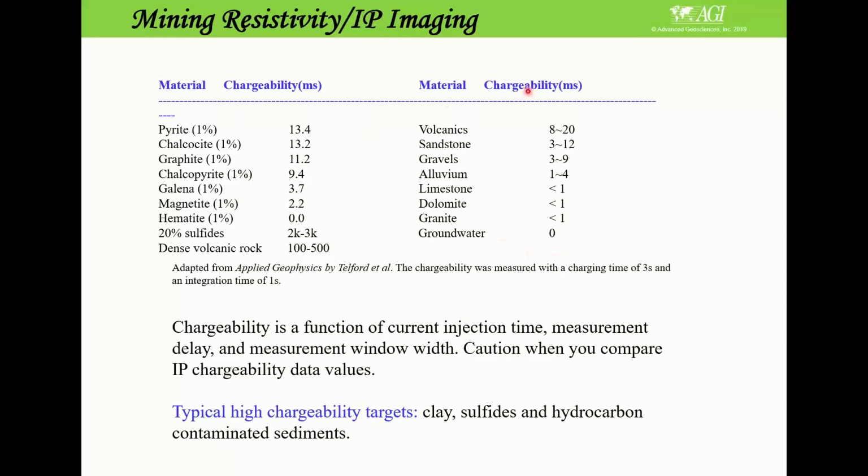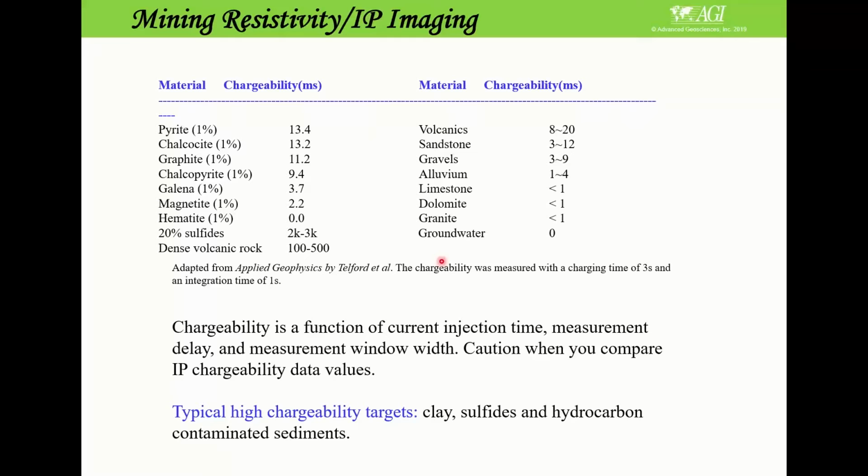So this is just for reference, but every situation is different, because every study area depends on the percentage of mineralization, the surrounding rock, and the resistivity of the surrounding materials, and all this affects the chargeability. So these are generally just for reference, and every case has to be evaluated differently.